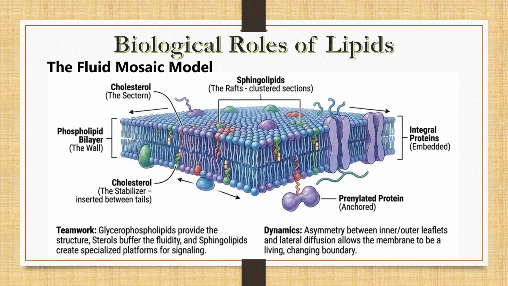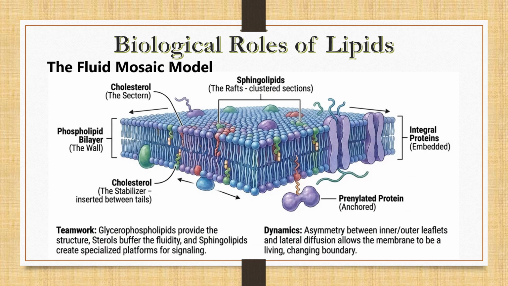Cholesterol is interspersed within the bilayer and plays a regulatory role by modulating membrane fluidity and stability. The term fluid emphasizes that lipids and proteins can move laterally within the membrane, allowing flexibility and adaptability. The term mosaic reflects the patchwork distribution of proteins embedded in or associated with the lipid bilayer.